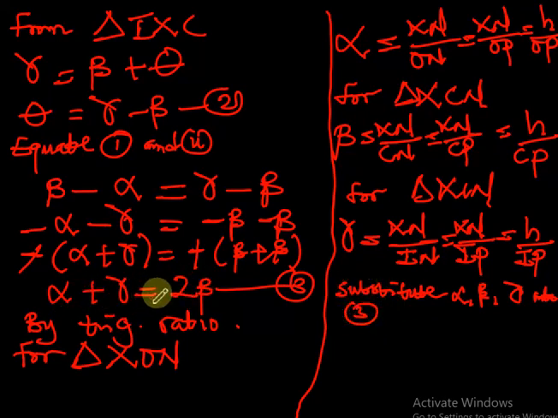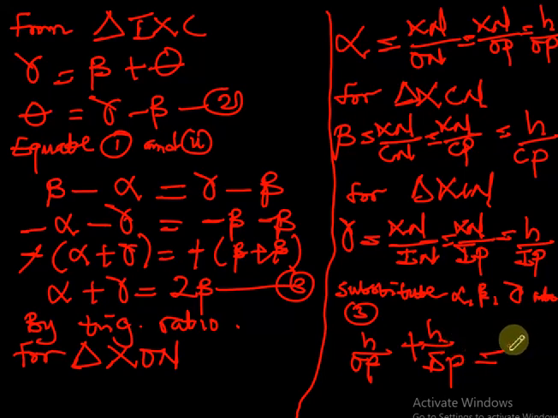Anywhere you see alpha, alpha is h over OP. Anywhere you see gamma, gamma is h over IP. Then anywhere you see beta, beta is h over CP, but there is 2 behind that, so you have 2 in bracket of h over CP, close the bracket.